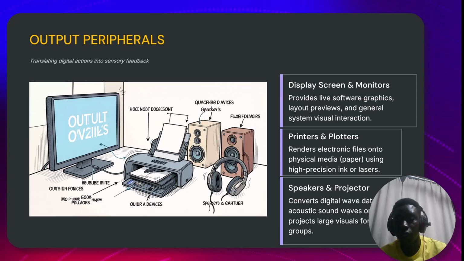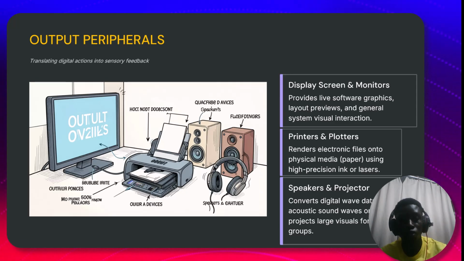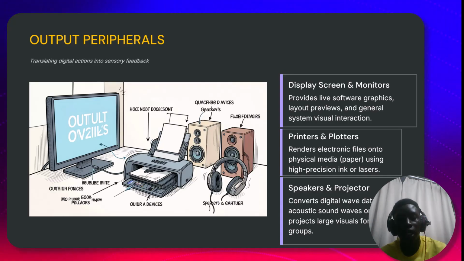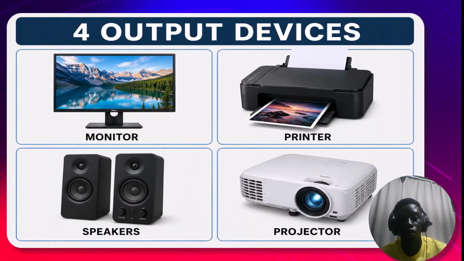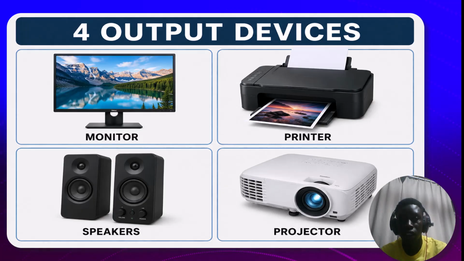Before you can display something for a large number of people to see, you need to use the projector, and the speakers for a large group of people before they can hear the sound. So these are what we discussed. We have the monitor, the printer, the speakers, and the projectors.